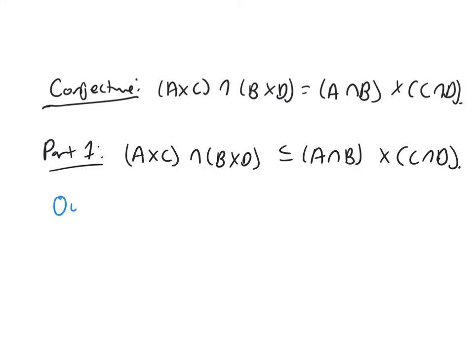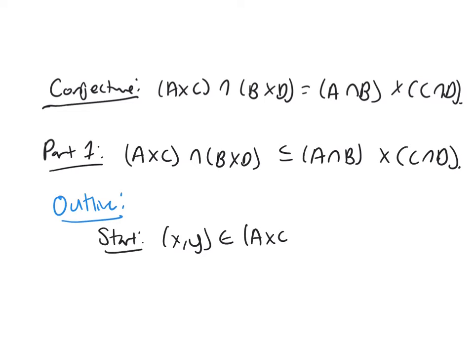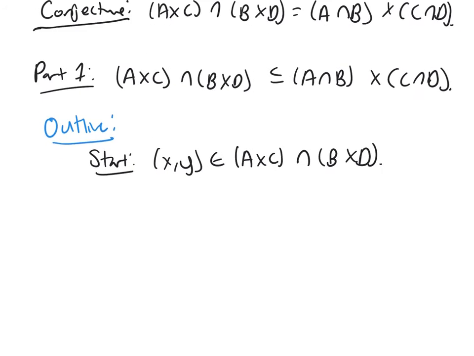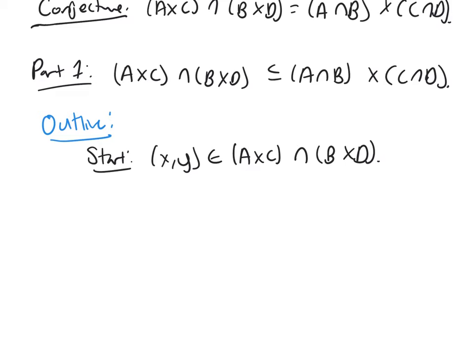So again, we're going to start with our outline of our proof. What would the start be? I'm going to start with something in this intersection, but it's in a Cartesian product, so I'm going to start with xy being in A cross C intersect B cross D. And then what's the end of my proof going to be? That this element is in the other side.